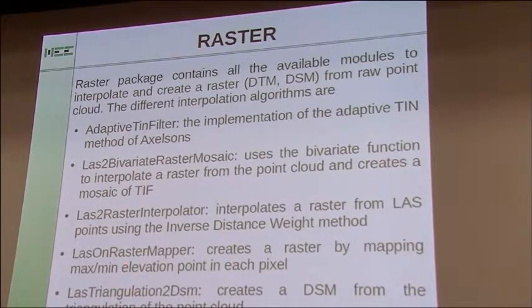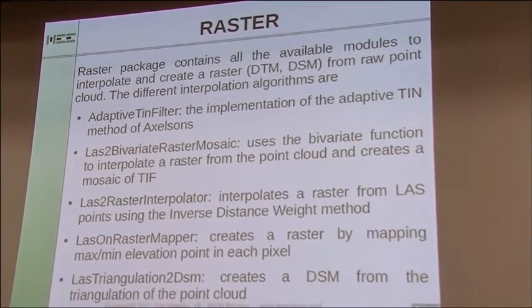And then there is also the possibility to extract the maximum or minimum value of the elevation in each pixel of a raster map, and also to create the so-called true DSM, that is a triangulation of the DSM, of the point cloud, the very upper point cloud.